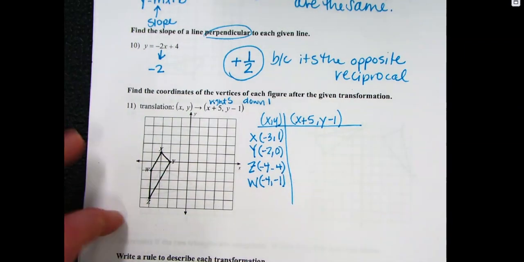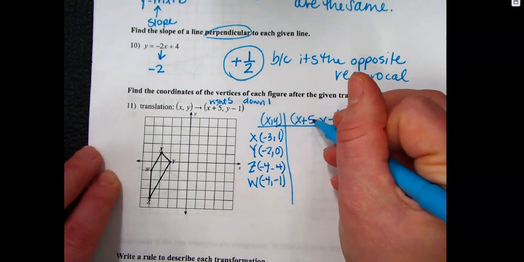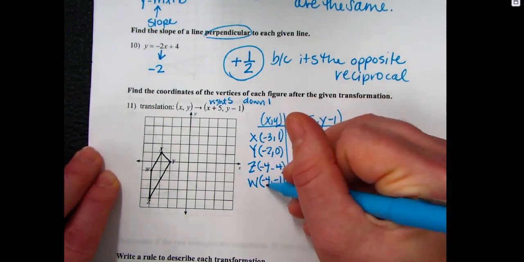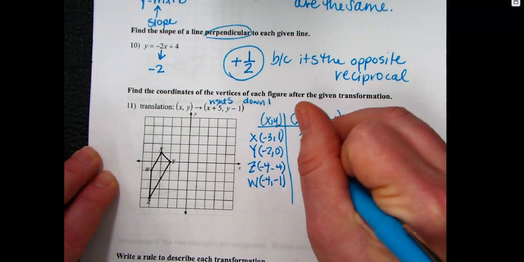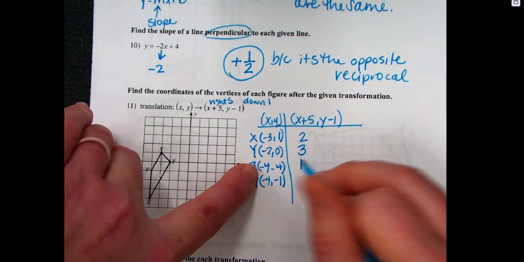Perfect. So we've got our original points, and then you apply this slide. So +5, you're going to add 5 to each of these x's, so that's going to be +2, +3, +1, +1.